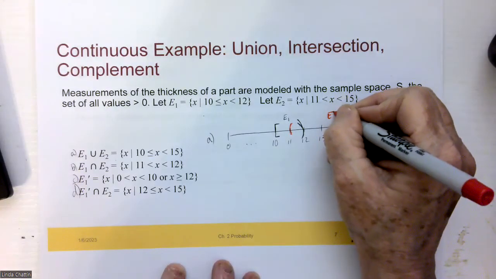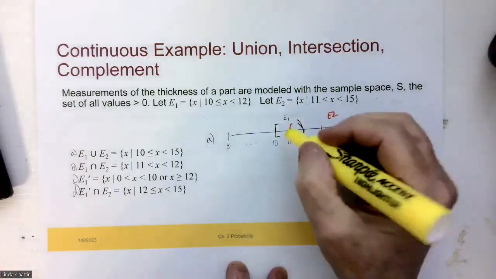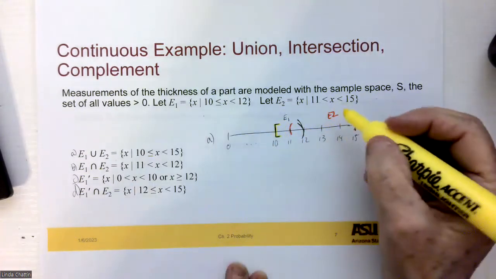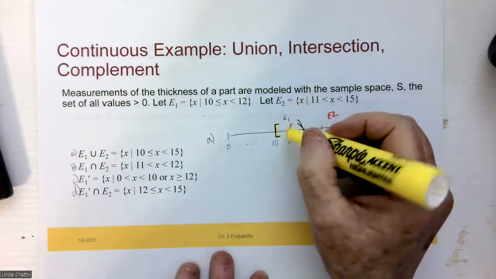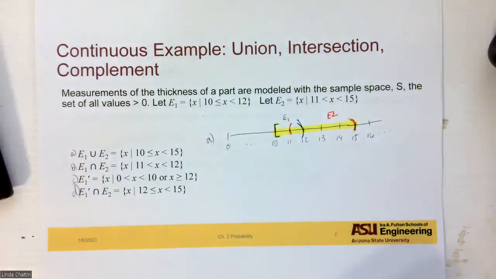That's E2. And so if I want to see what E1 union E2 is, I'm going to use my yellow marker here. That's everything. So I'm going to go from 10, including 10, all the way up to, but not including 15. So this would be my set of E1 union E2.